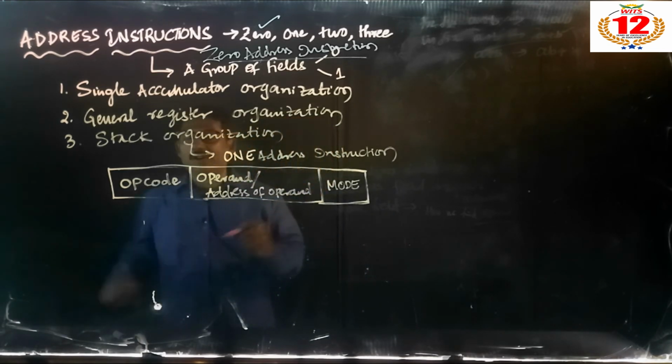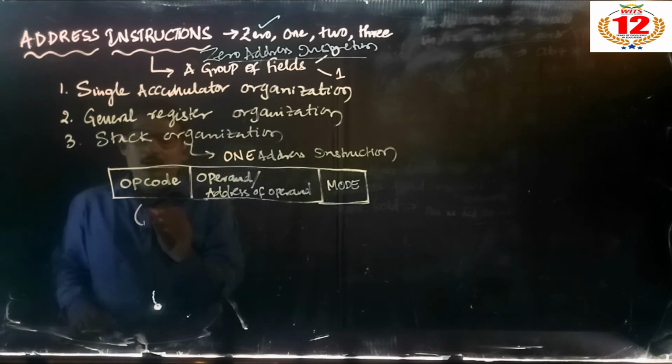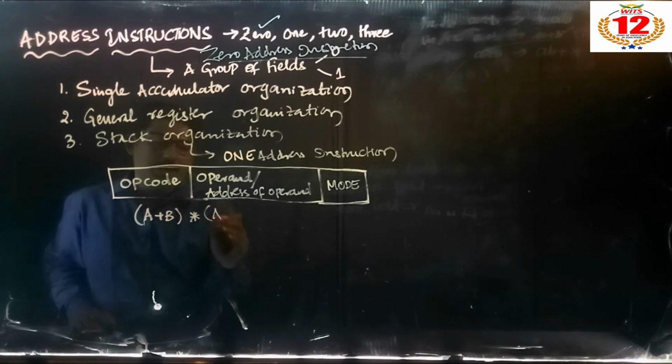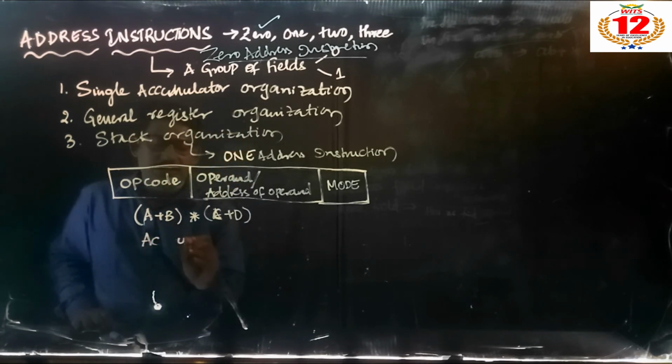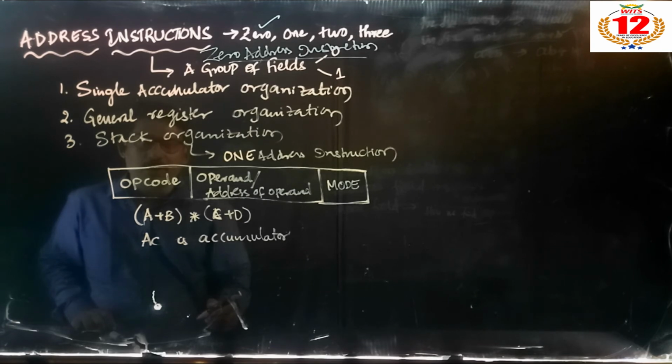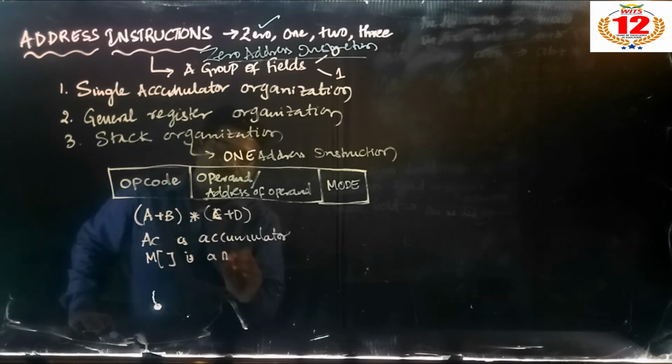The same expression we will take, that is a plus b asterisk a plus c plus d. The same instruction we will take, but here we will use AC, which is accumulator, and we will use M, which is a memory location.